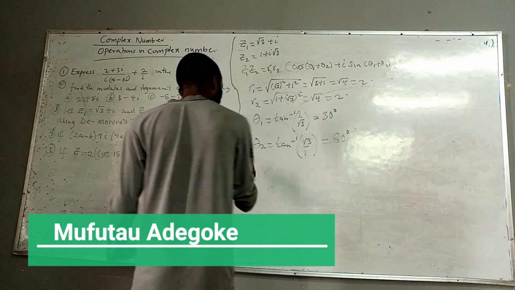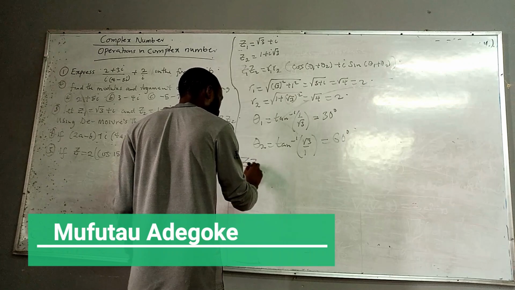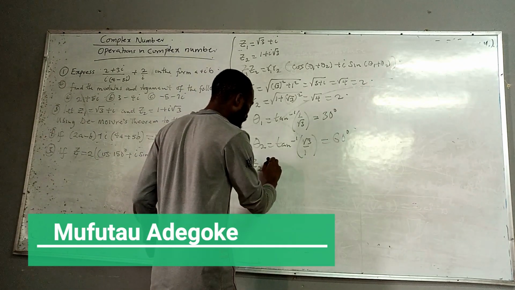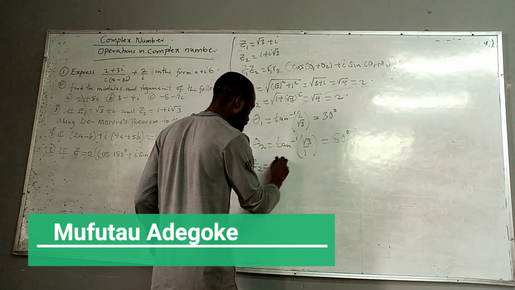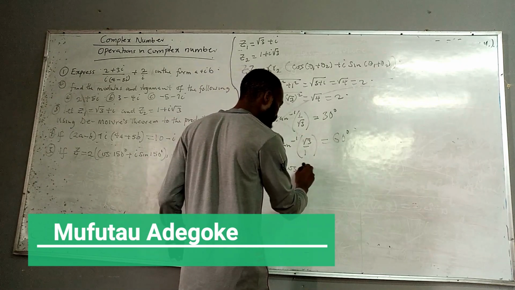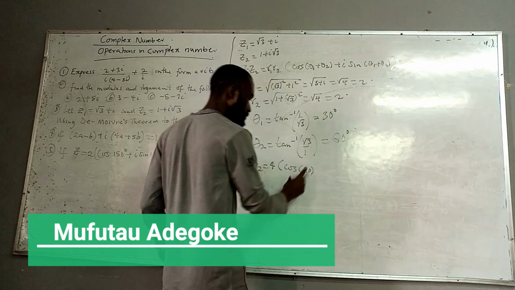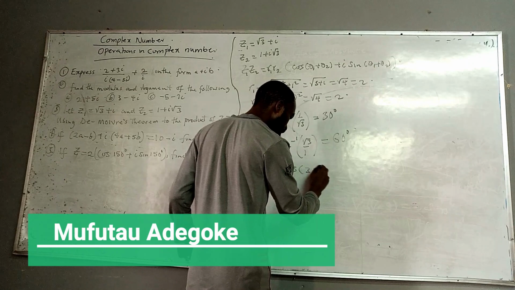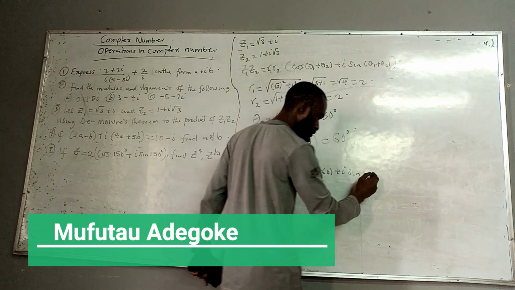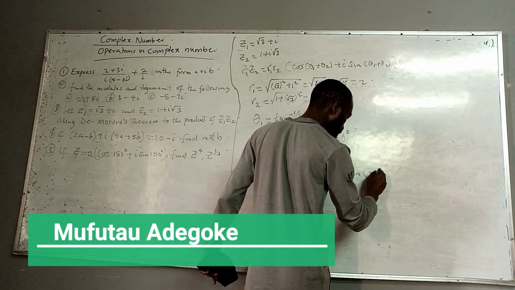Then from here I can say z1 z2 will now be equal to 2 times 2, which is 4, into cos of theta 1 plus theta 2, which is 30 plus 60, plus i sine of 30 plus 60.